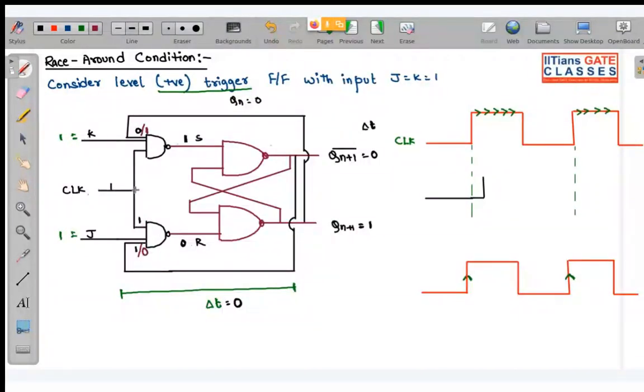You can see K input is 1, clock is 1, so this time this will become 0 and this will become 1. When set input is 0 and reset input is 1, after del t time, so in total 2 del t, this will become 1 and this will become 0 once again. So after 2 del t time, once again this will become 0. Now this cycle will keep on continuing, so on and so forth.